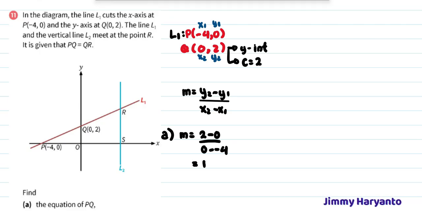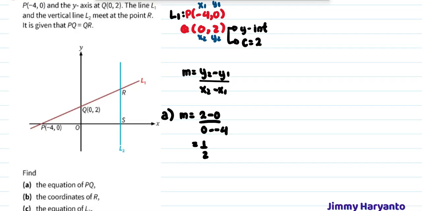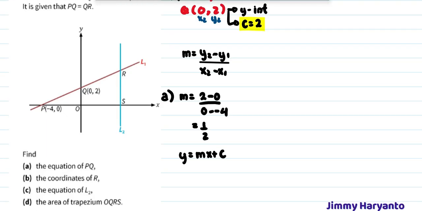So the answer is 1 over 2. And then to find the equation, we have to use this formula. I choose this formula because we already have the c, the y-intercept. That means y equals half x plus 2. So this is the equation of PQ.